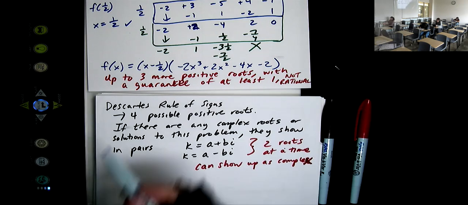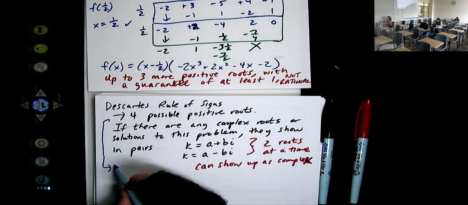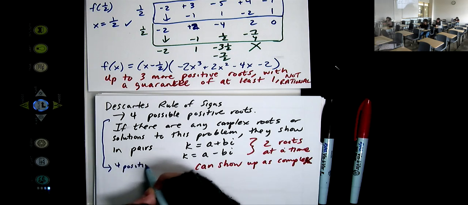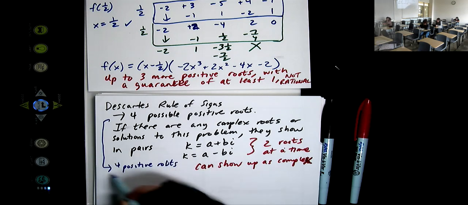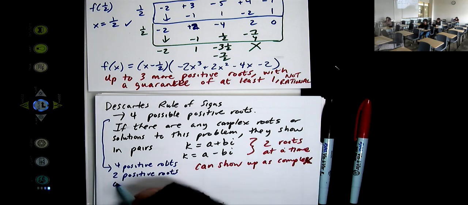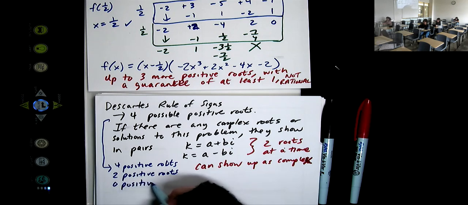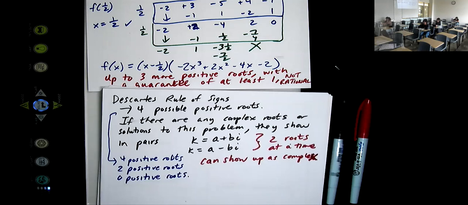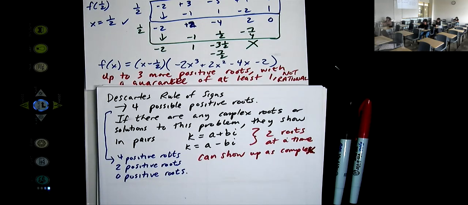Which changes this to, I can have 4 positive roots, 2 positive roots, or 0 positive roots. If there's complex ones, they go away in pairs, which means it lowers the degree of the equation by 2.